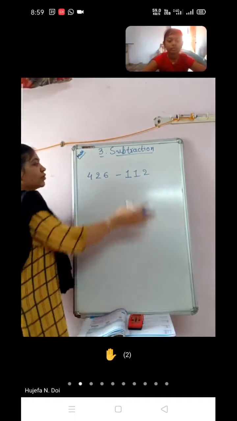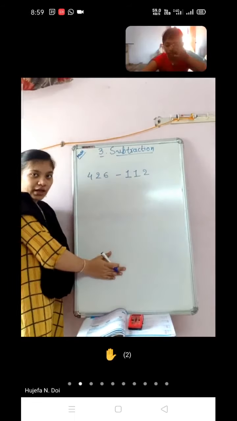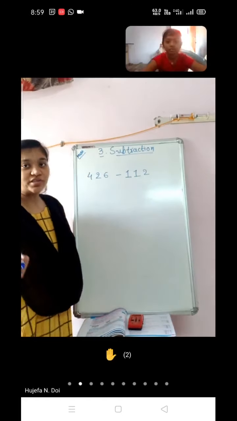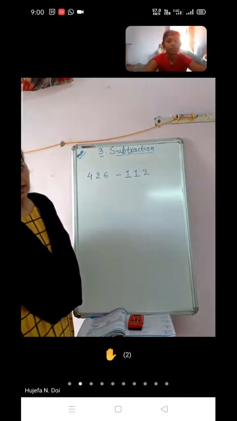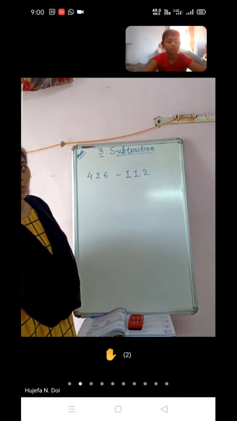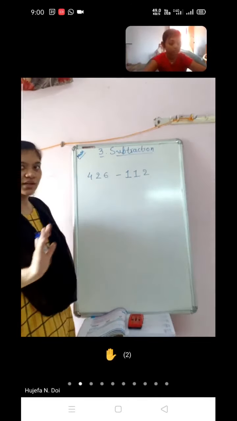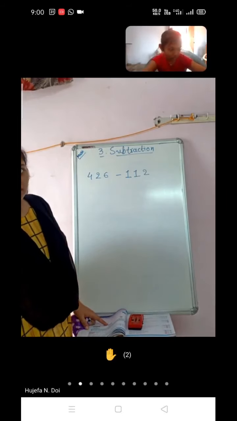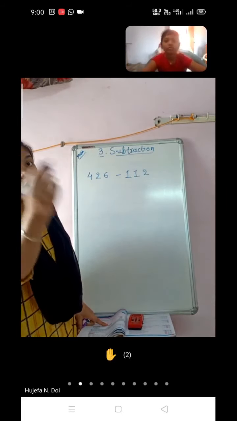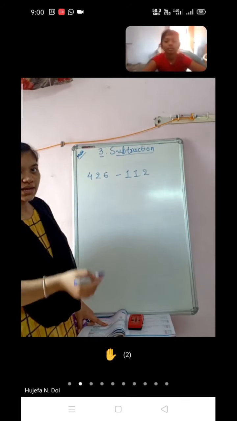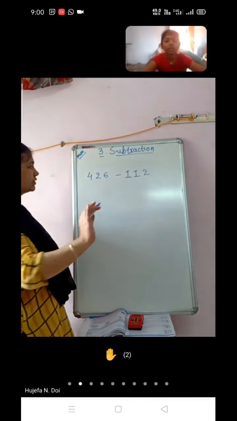Same thing you have to follow for subtraction. Firstly arrange these numbers according to the places: hundreds, tens and ones. This is a 3-digit number. After that, you have to start subtraction from the ones place, then tens and the hundreds. So let's see how you can do that.